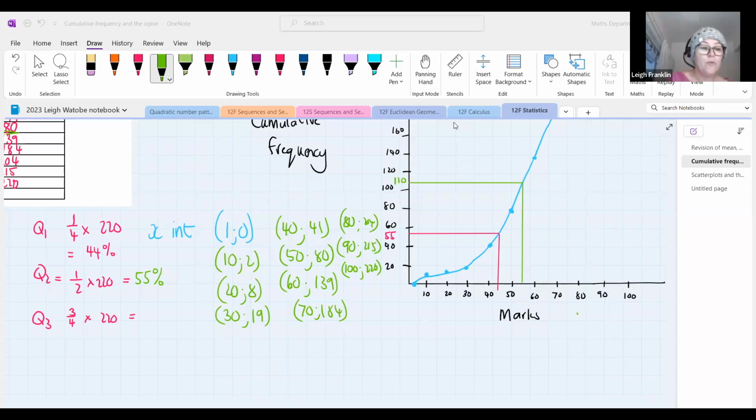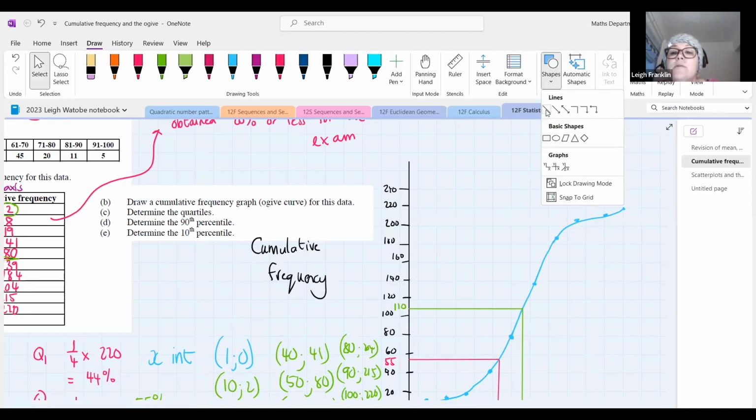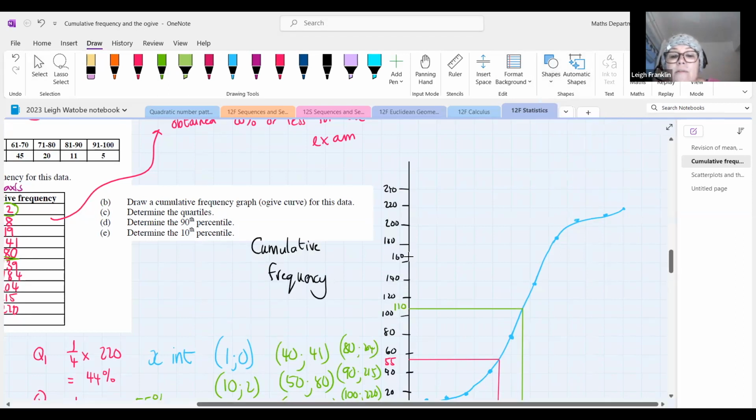And then 3/4 of 220. Its position would be at 165. I think that's what was also causing difficulty, so let's just do this one. Here at 165, I guess that would be roundabout over there somewhere.